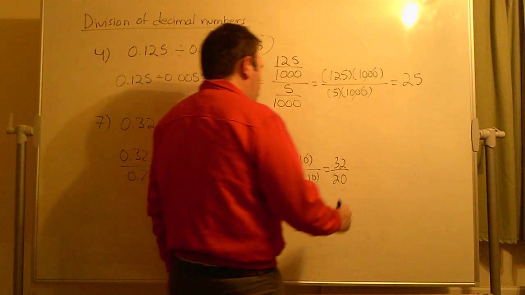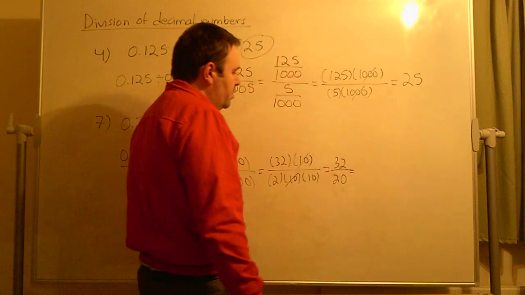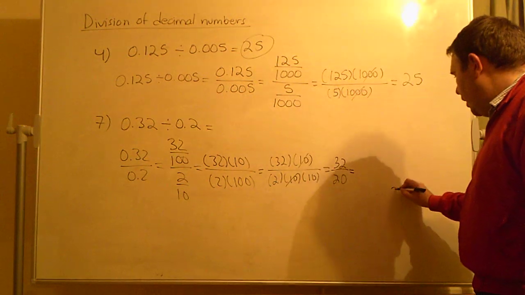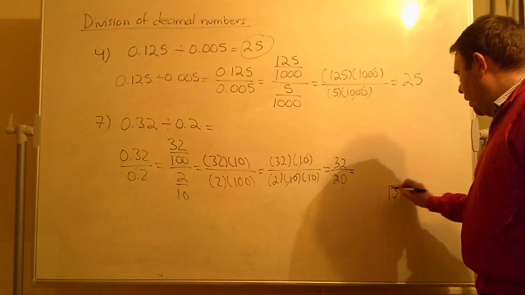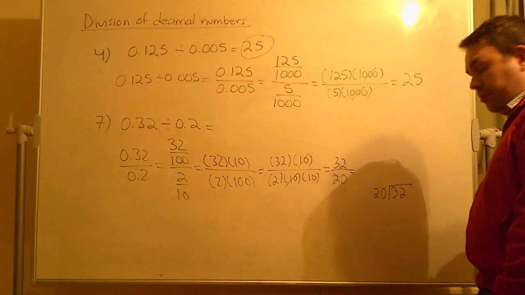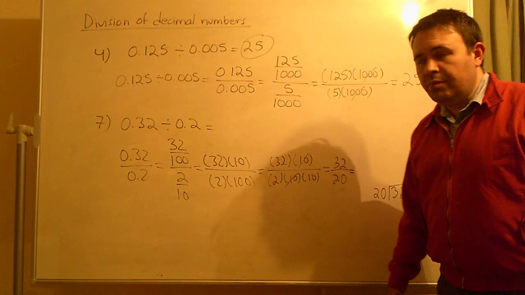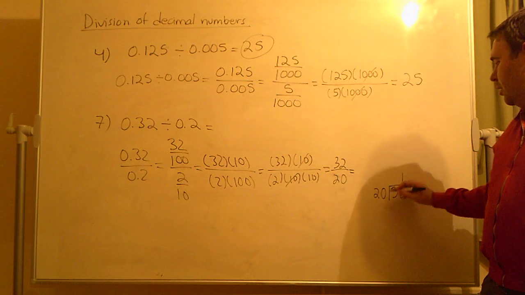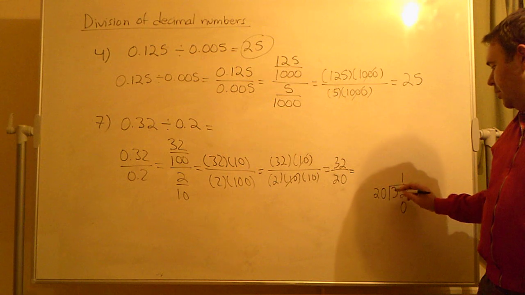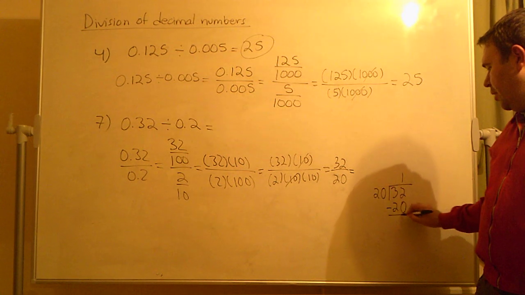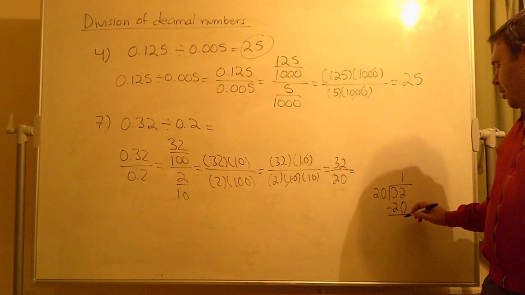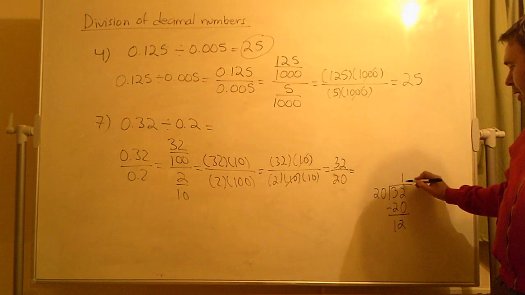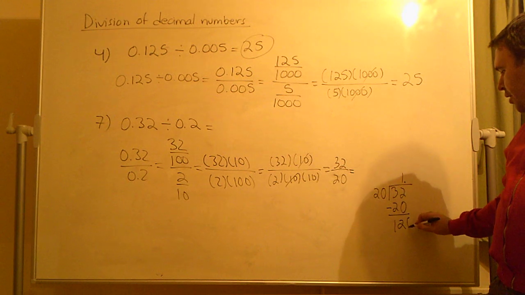Now I'm going to teach you how to turn this into a decimal. What we're going to do is divide 32 by 20. Okay? So, how many times does 20 go into 32? 1. So 1 times 0, 0, and 1 times 2 is 2, with a minus here. So 32 minus 20 is 12. So we add a decimal point here, and we add a 0 here.